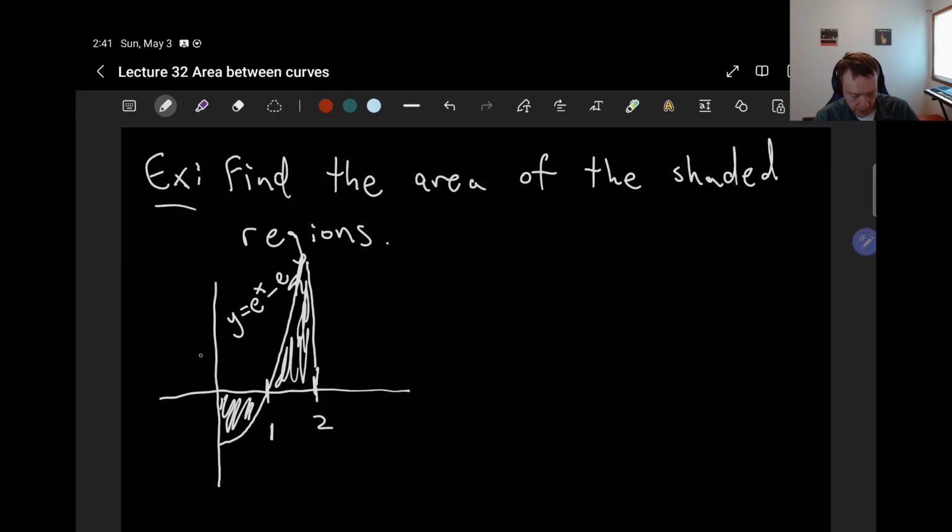Well, you could think of it as there being another curve here, namely y equals 0, the x-axis. And at least on this first portion, that is the higher curve. That's the top. And the bottom is this curve, y equals e to the x minus e.